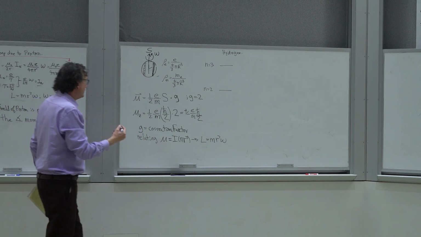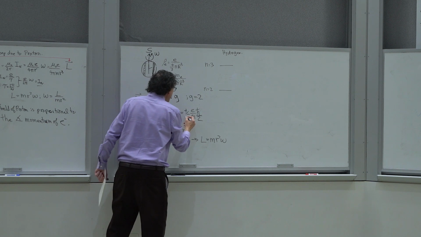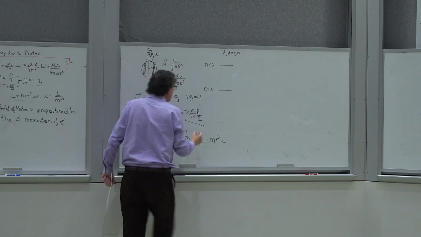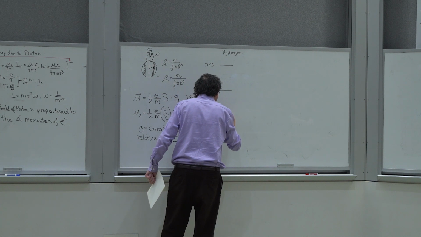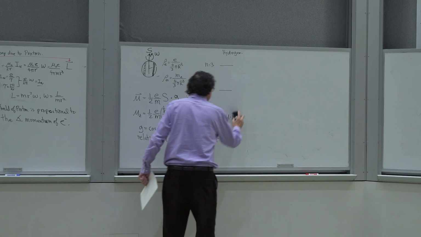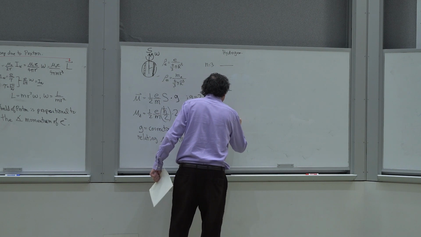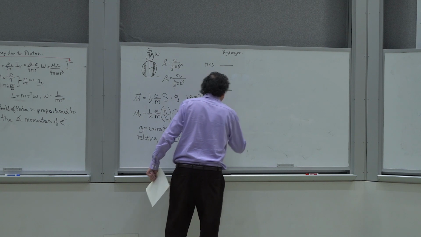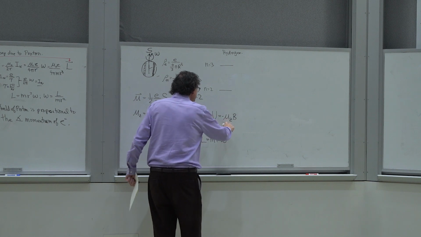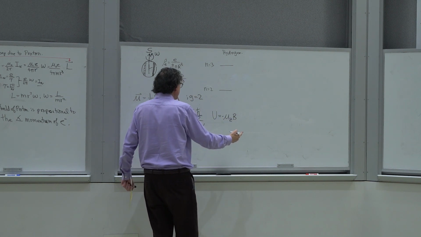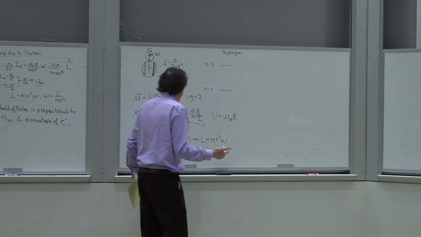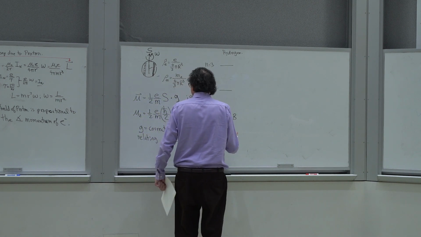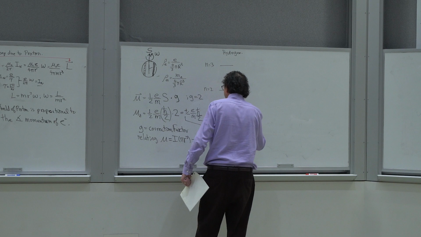I now have 2 possibilities for mu sub z, and I know that the interaction potential U is equal to minus mu dot B. So let's just call this minus mu z times B. But mu z can have two different values, one for spin up and one for spin down. So again, I'm going to incorporate the negative sign.